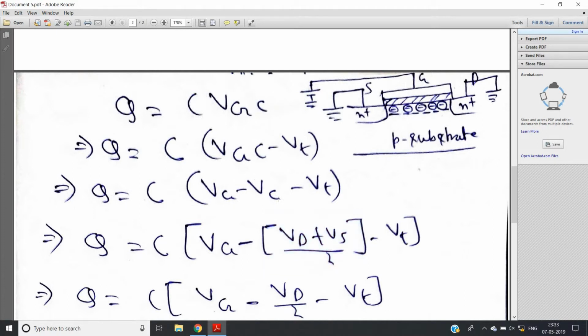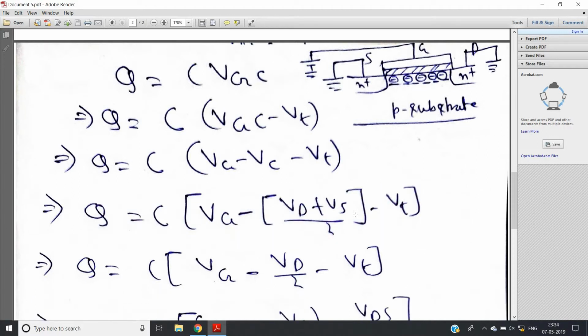So instead of Vc we can write Vd plus Vs by 2, that is the average of the two terminal voltages of the channel, and the Q expression becomes this. Now generally we short circuit the source. Here drain is also short circuited, so basically this whole term will become 0, but later we will come to that.